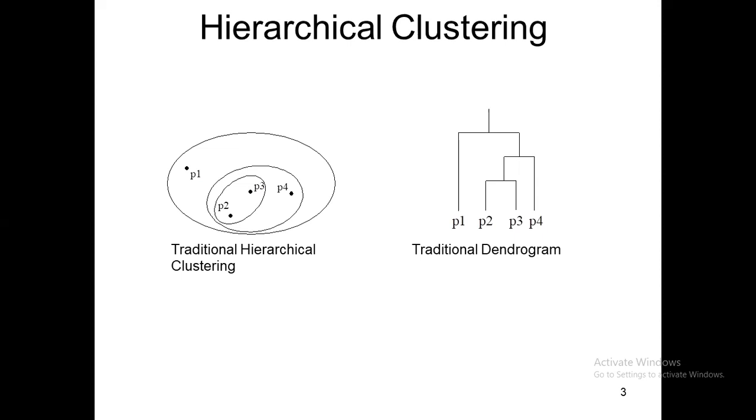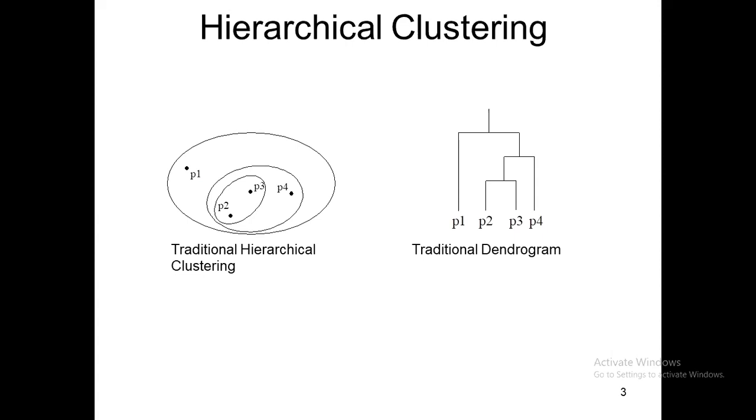So we can also know that traditional hierarchical clustering is flexible. Why is it used? Because it is flexible and can be used with various distance metrics, like linkage methods: single linkage, average linkage, complete linkage.